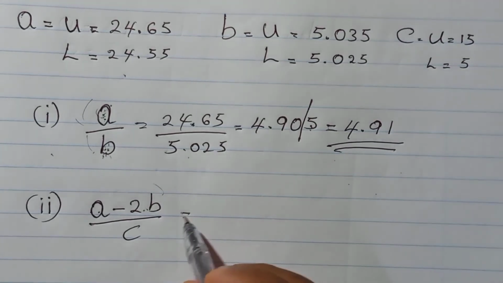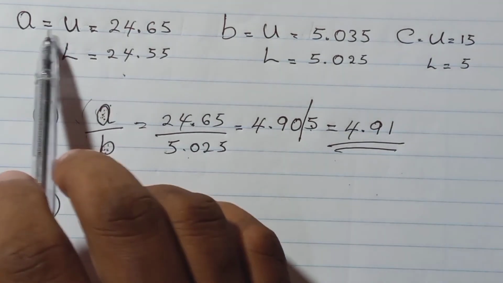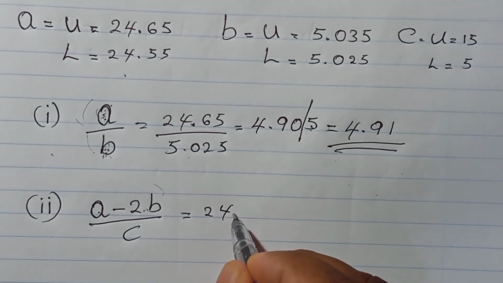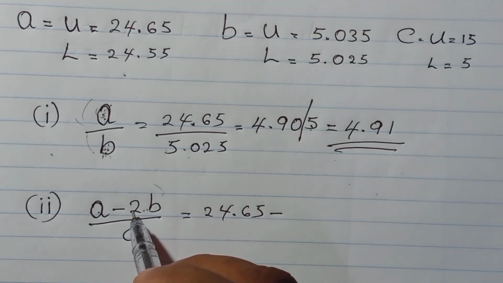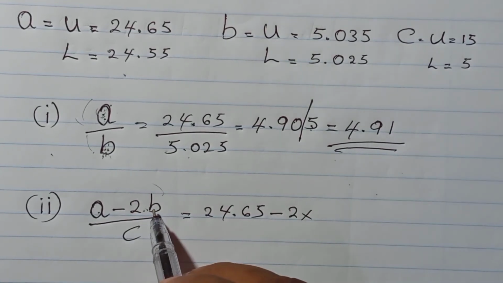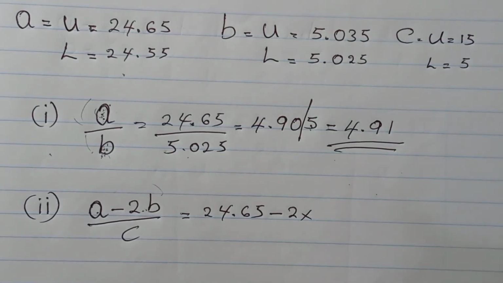So I will write it this way. For the A, I will put the maximum number, the upper bound of the A, which is 24.65. Subtract 2, you can't change that. That is a number, you can't change, so you must put that anyway. Then the B we can change. We can put the upper bound or lower bound.